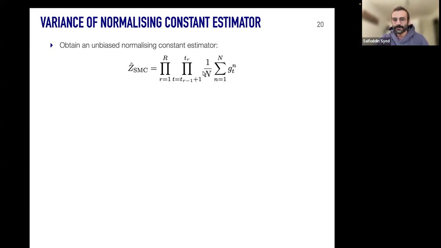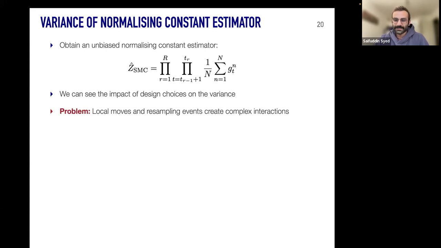If I average that out across the different resampling intervals, this will give us an unbiased estimator. So we can analyze the performance of this algorithm for the different design choices based on how they impact the variance of this normalizing constant estimator.